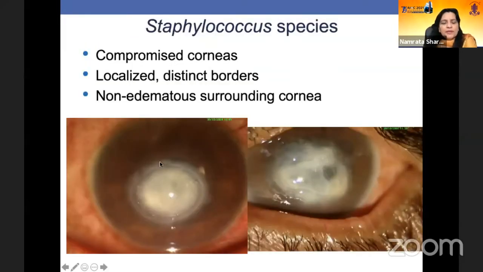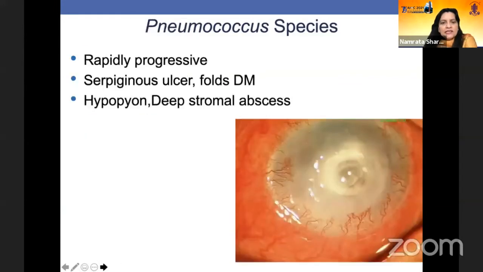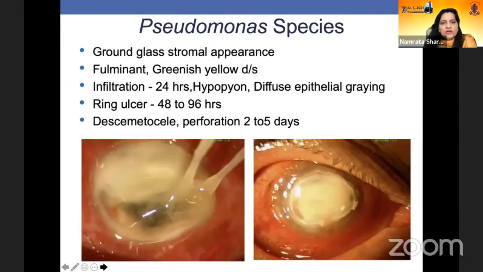Then you have classical pictures like that of Staph aureus. It occurs in compromised corneas with distinct borders and non-edematous surrounding cornea, absolutely clear cornea on all sides. Then you have pneumococcal species, which is a rapidly progressive serpiginous ulcer with folds in Descemet's membrane, hypopyon, and deep stromal abscess.